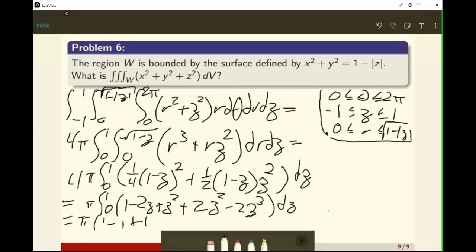And then this last term, we've got 2z cubed, which is going to go to minus 1/2 z to the 4th. And so all of this is going to give us a final value of pi over 2. Which is the integral that we were looking for from the very beginning.